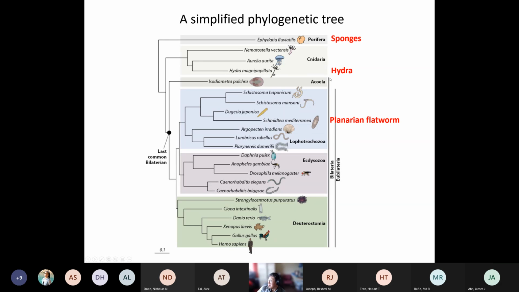And then as you can see later on, no matter if it's invertebrate or vertebrate, we have additional terms to describe them in terms of evolution. For example, we use the term bilateral to describe the animals that have left and right symmetry, like us. Your left side and your right side have symmetry, right? But in sponge and hydra, this bilateral symmetry is not there. In hydra, they have some other symmetry, but it's not bilateral.